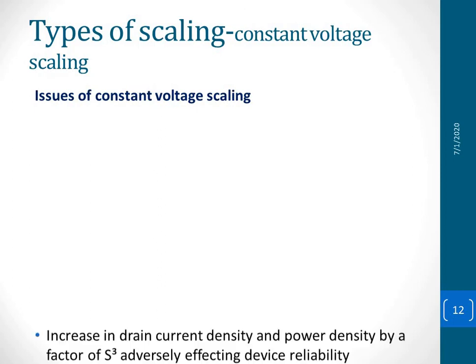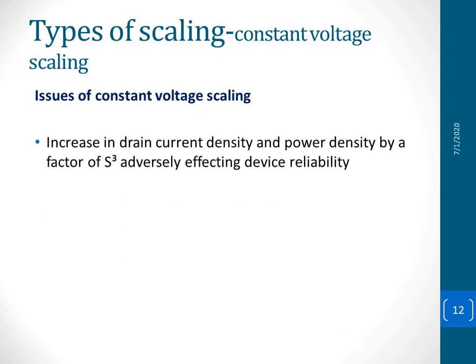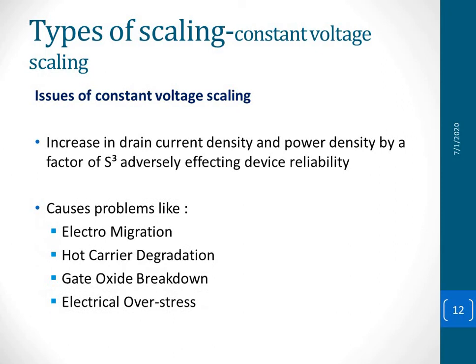So issues of constant voltage scaling are increase in drain current density and power density by a factor of S cube, which adversely affects the device reliability, and it causes problems like electromigration, hot carrier degradation, gate oxide breakdown, and electrical overstress.